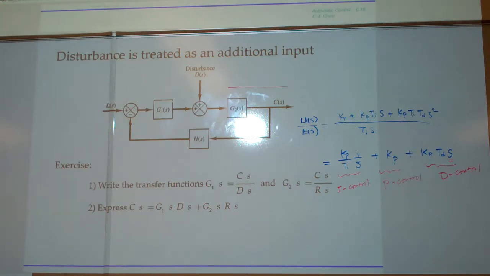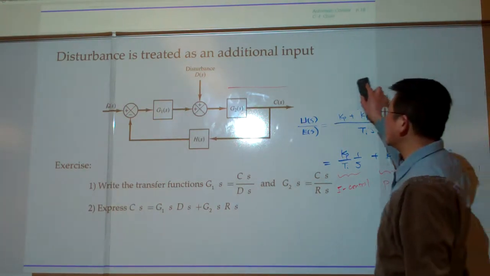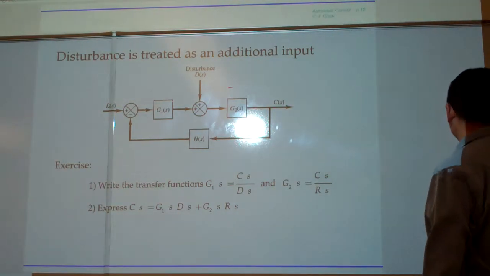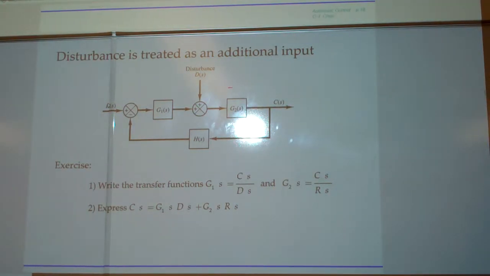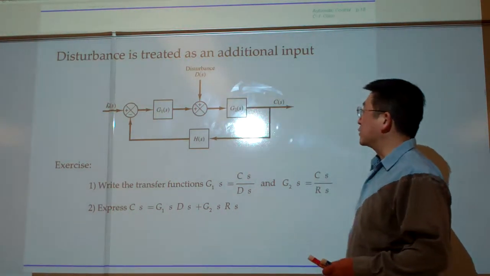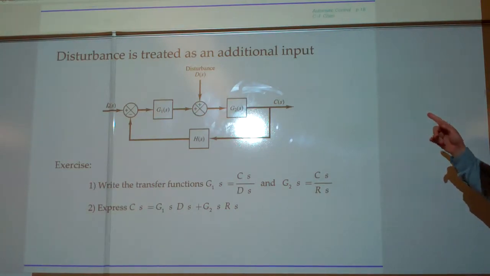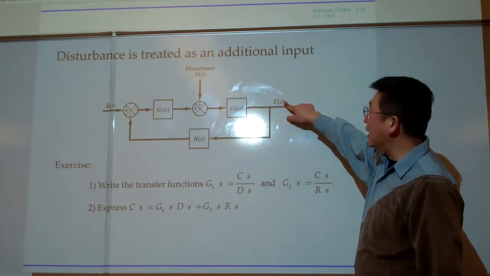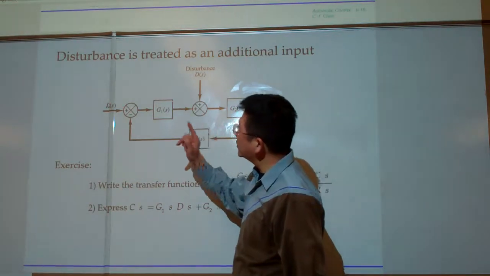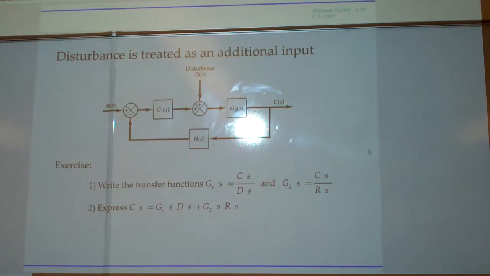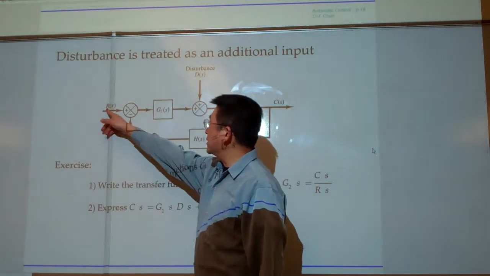We can look at an exercise. Here we want to derive the transfer functions. For this particular system, we have one output C and two kinds of input. One is R, our command input.